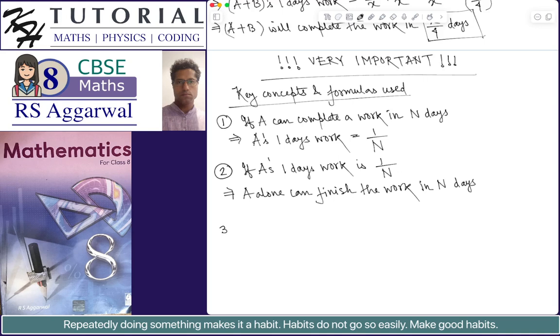The third is that if it is given the amount of work done in 1 day, now this amount of work could be done maybe by a single person or multiple persons.